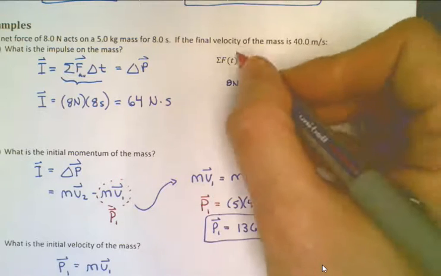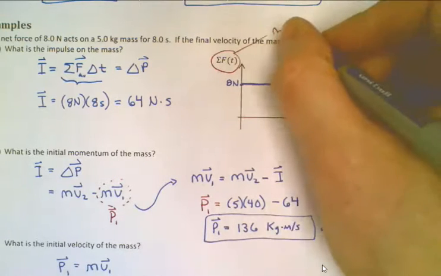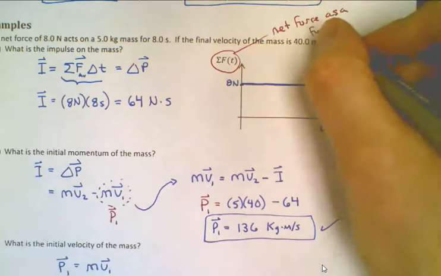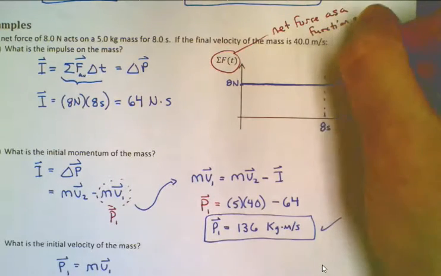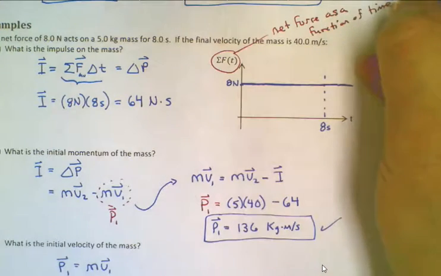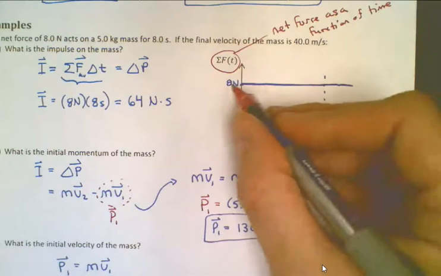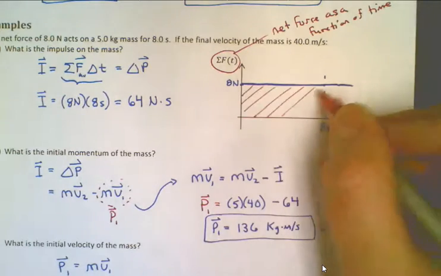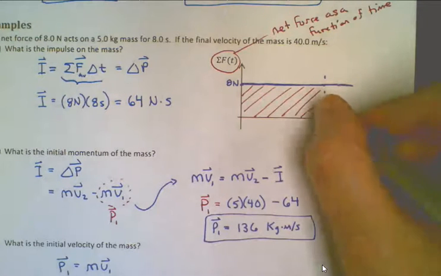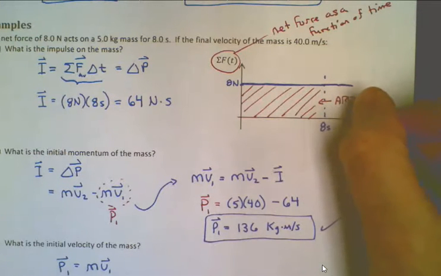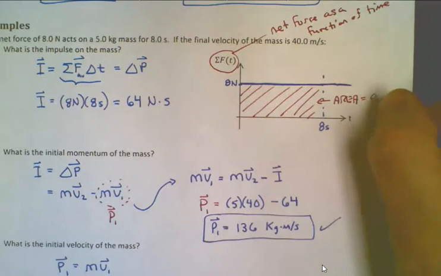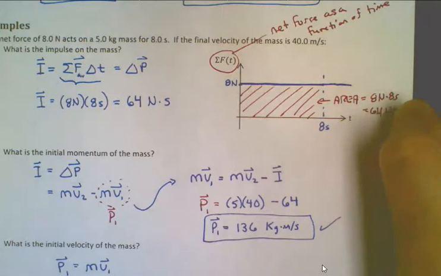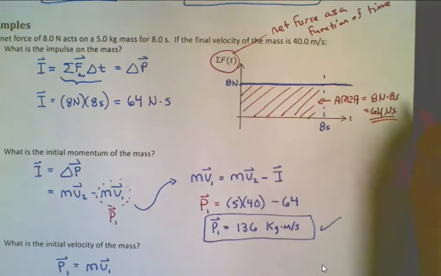Another thing I want to point out: on an average net force as a function of time, you'll see that this is 8 newtons over 8 seconds. If we take the area, which is length times width, it's 8 newtons times 8 seconds, which is 64 Newton seconds, exactly the impulse.